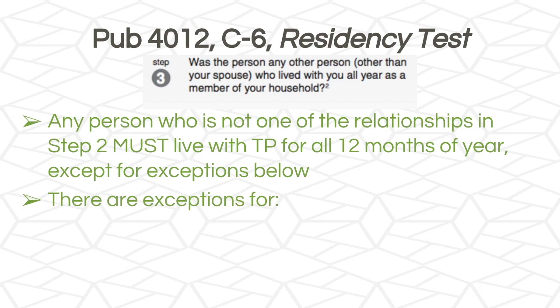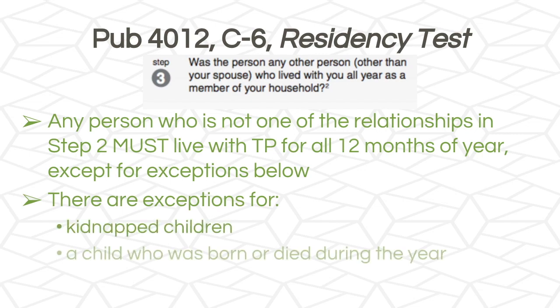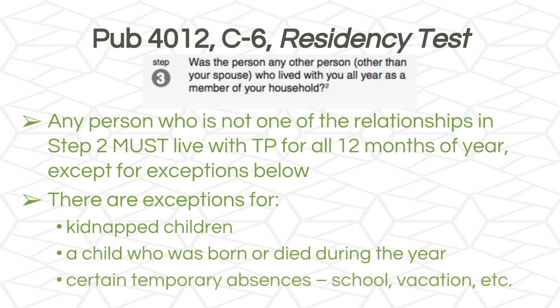So the exceptions are for kidnapped children, a child who is born or died during the year, and then certain temporary absences such as school, vacation, etc. So if the person does not meet the relationship test in step 2, then they have to have lived with the taxpayer all 12 months out of the year.